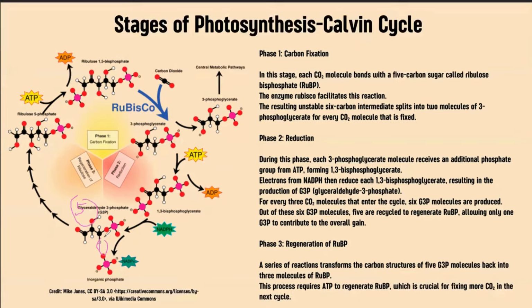And then what ends up happening is you are creating the RuBP by taking that ATP to rearrange and formulate the RuBP, taking the phosphate off and adding it to create ribulose 1,5-bisphosphate from ribulose 5-phosphate. So that takes 5 G3Ps. That process is called regeneration. So this is the process of the Calvin cycle.